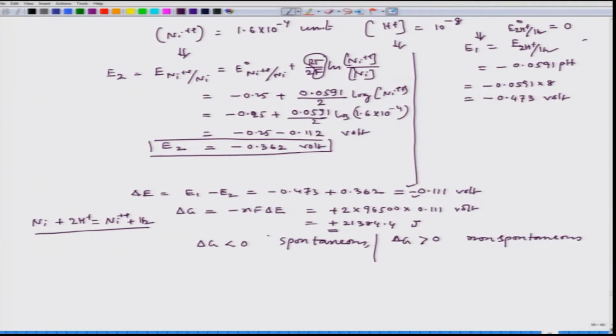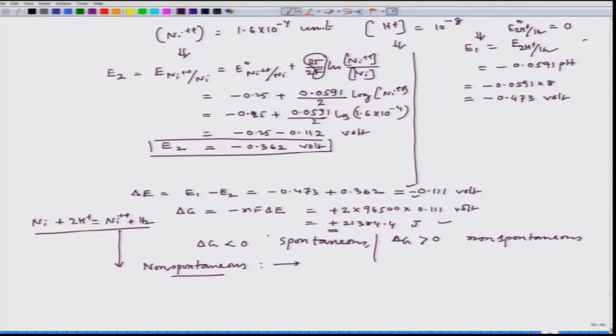Here we are getting del G positive, so this particular process definitely becomes non-spontaneous, which means the assumption we had that the nickel would corrode does not hold true.